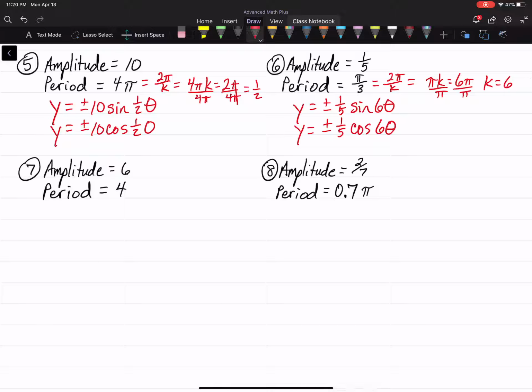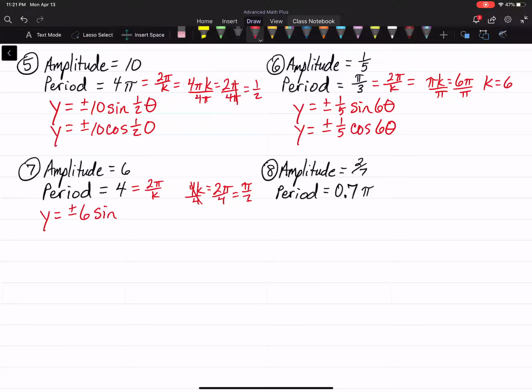Two more. Amplitude here is plus or minus 6. Sine of, we got to figure out what k is. So again, we've already did this one. 2 pi over k. If you cross multiply that, that's 4k equals 2 pi. Divide by 4. K will be pi over 2.